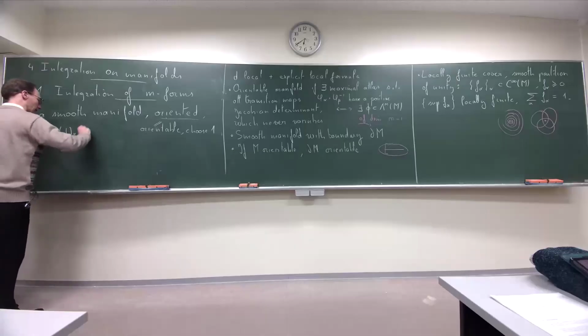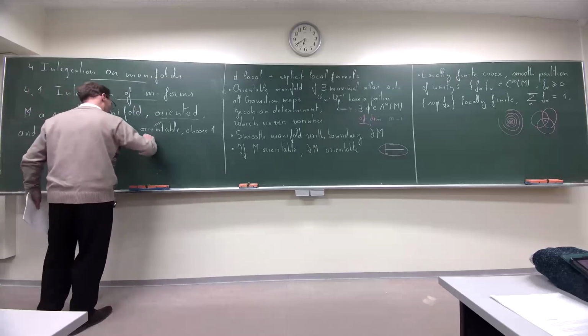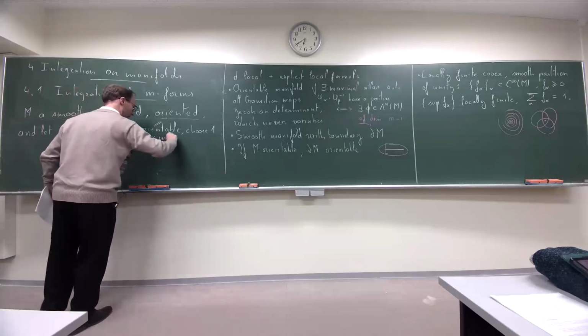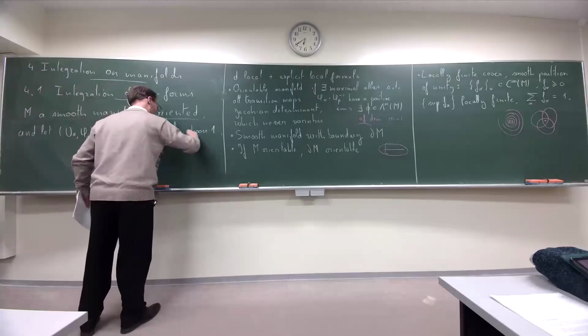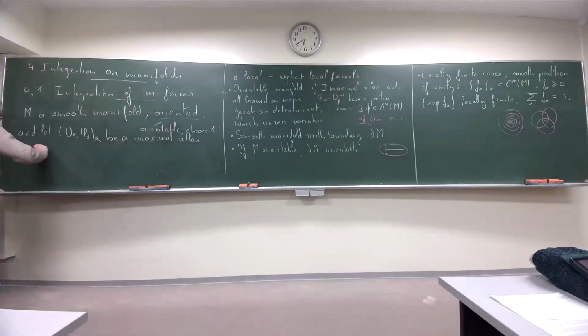And let U alpha, phi alpha be a maximal atlas preserving the orientation. Because we may have some atlas which do not preserve the orientation, but we say it's orientable when there is one which has a certain property, so we choose this one.